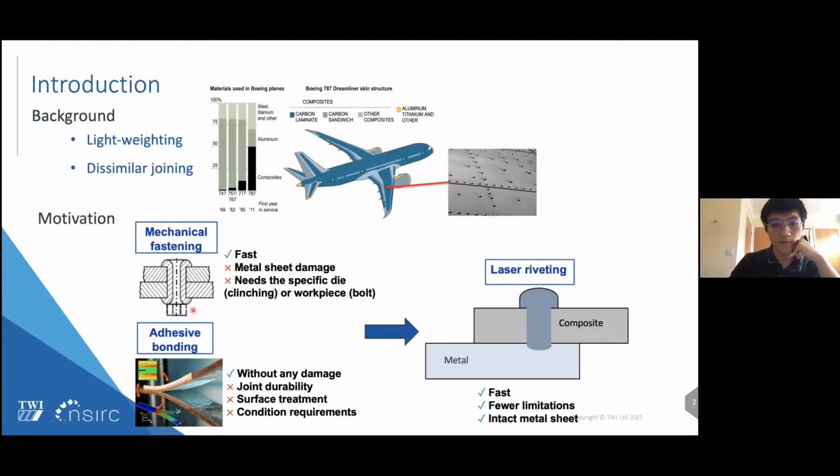As for adhesive bonding, it needs time for the surface pretreatment, and also has limitations like temperature and humidity. So laser riveting was invented to get a fast process with fewer limitations, and it can also keep an intact metal substrate.